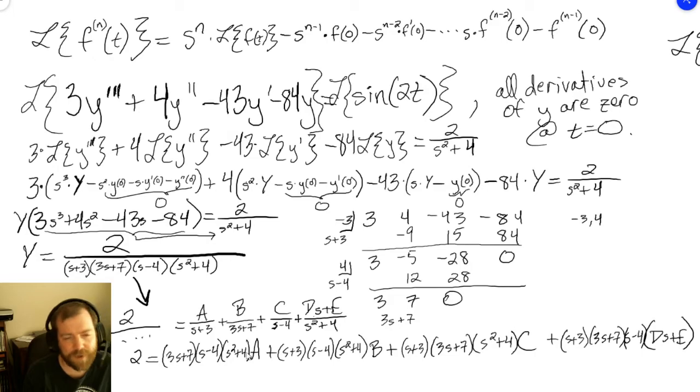So one way to resolve this is multiply everything out, and you're eventually going to end up with a certain number of terms which are s to the 4th, a certain number of terms which are s to the 3rd, terms which are s squared, terms which are s, and terms which are constants.